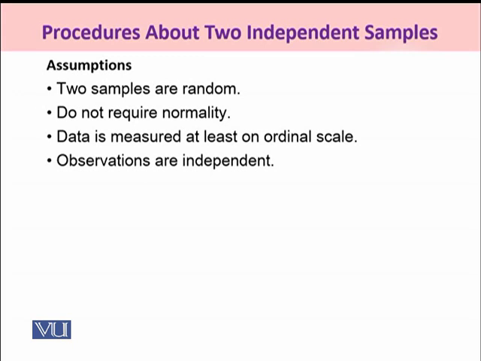So students, as I have explained, in a non-parametric test we do not require the assumption of normality. The next assumption is that the data is measured at least on an ordinal scale, but it would be better if we work with interval or ratio scale. And lastly, the observations must be mutually independent.